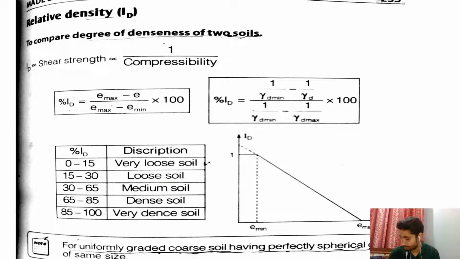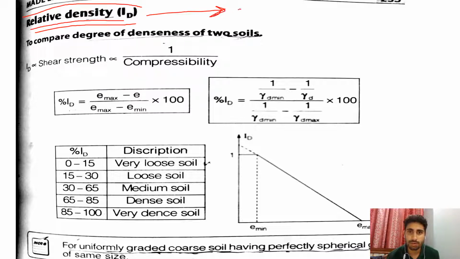Let's go further. The second topic we are going to cover is relative density. Always keep one thing in mind. Whenever this term comes, like relative density, it is only used for cohesionless soil.